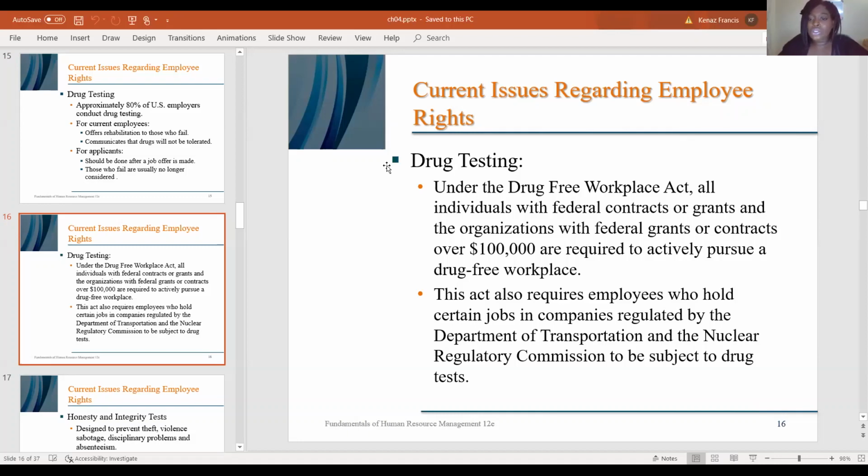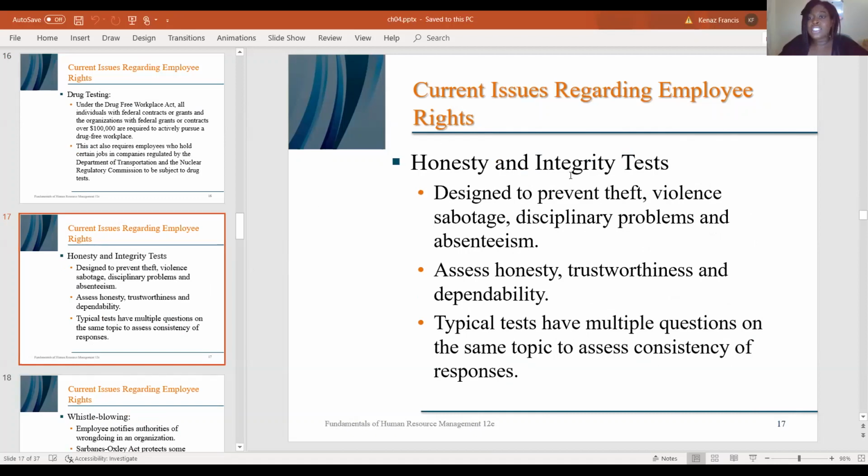This act also requires employees who hold certain jobs in companies regulated by the Department of Transportation and the Nuclear Regulatory Commission to be subject to drug testing. So it's a condition of employment. Honesty and integrity tests are designed to prevent theft, violence, sabotage, disciplinary problems, and absenteeism.